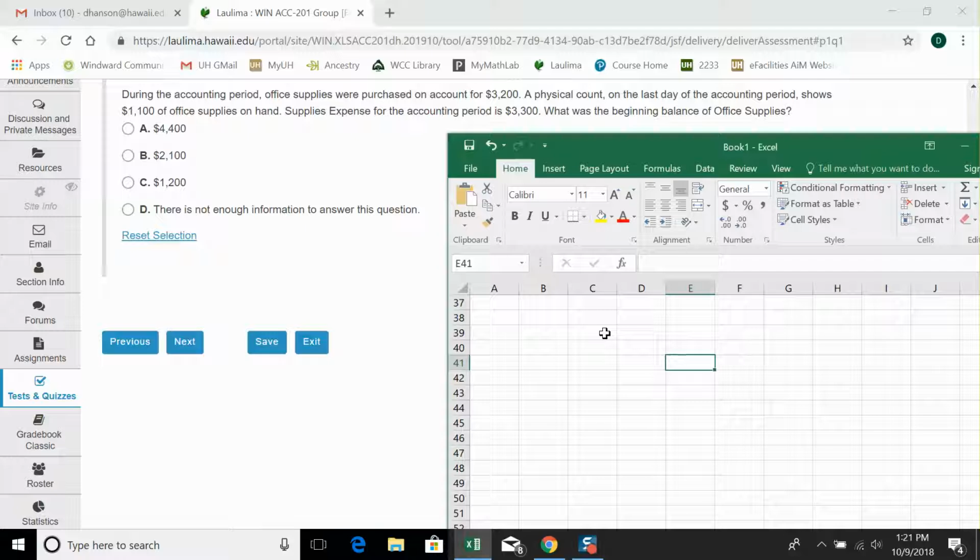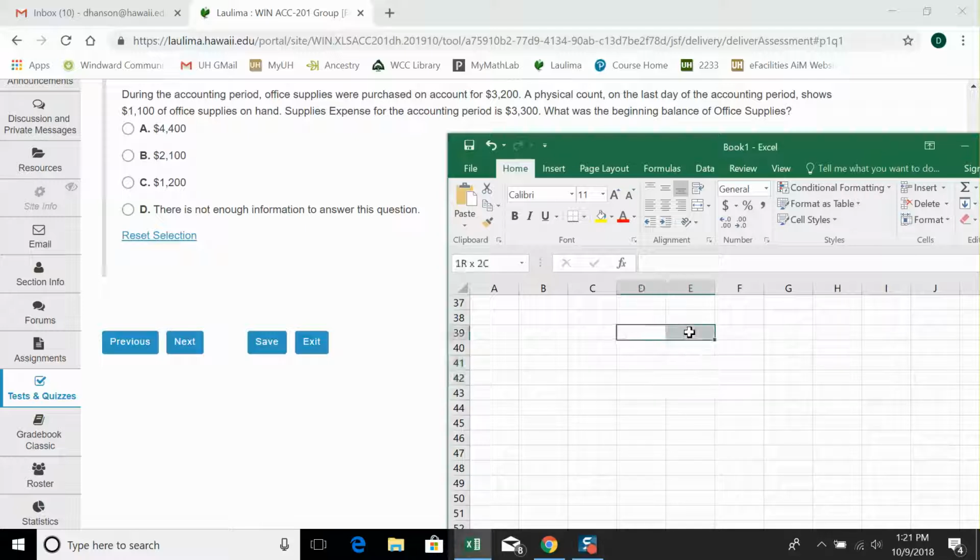So it says, during the accounting period, office supplies were purchased on account for $3,200. A physical count on the last day of the accounting period shows $1,100 of office supplies on hand. Supplies expense for the accounting period is $3,300. What was the beginning balance in office supplies?